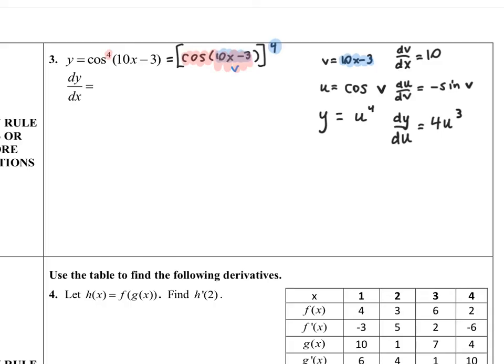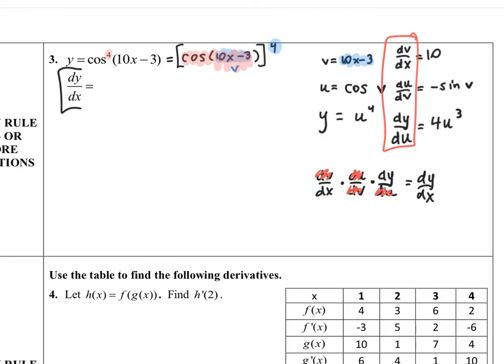And look what happens when I multiply all of these together. You can see when I write it like this and I multiply all of these derivatives together, I can see that my dv cancels with dv, my du on top cancels with that du on the bottom, and what I'm left with is dy dx, and that is precisely what I'm trying to find.